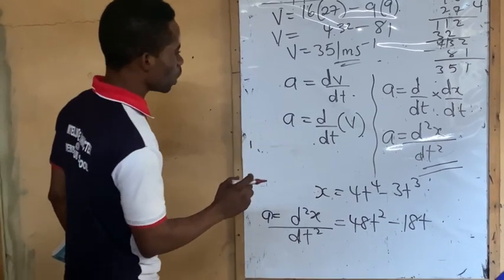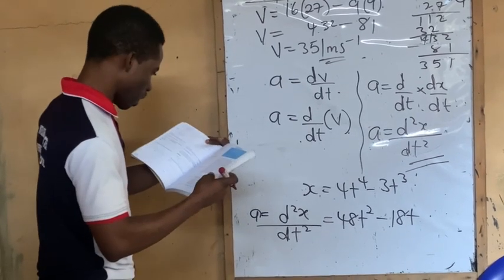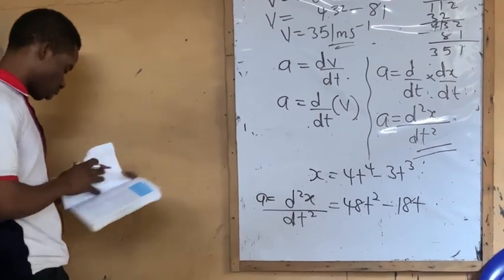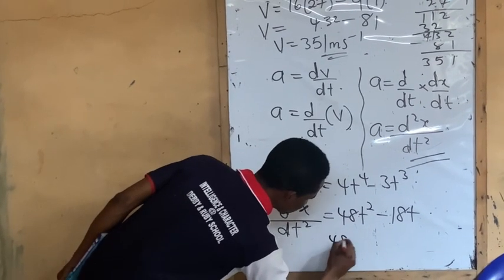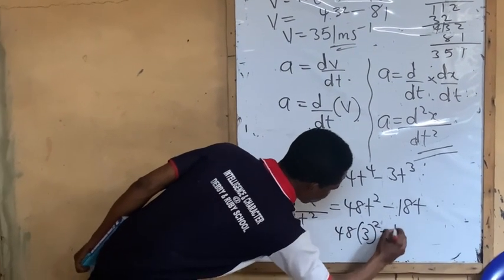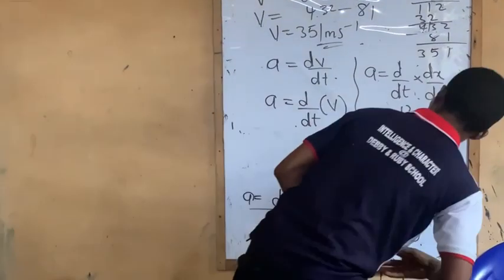At t equals what? 3 seconds. Yes, they say at time t equals 3 seconds. So just substitute it. That is 48 times 3 raised to power 2 minus 18 times 3. So what would that give us?